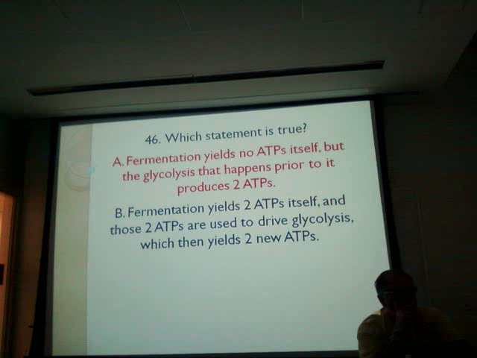The main thing about fermentation: you should have asked, if fermentation gives you no ATP, what is it doing it for? Why not just stop there and forget the rest of it? Well, your problem is, you got 2 pyruvic acids. You gotta get rid of pyruvic acids to do it again.